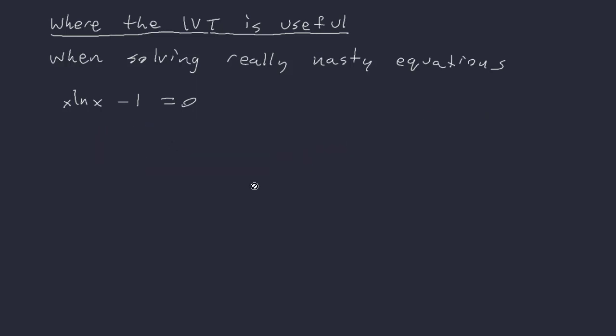What we can do instead is use the intermediate value theorem. Okay, so the intermediate value theorem, let's just look at the interval. Let's say my interval is 0 to e. I'm just picking some values that would work nice with the natural log and whatnot.